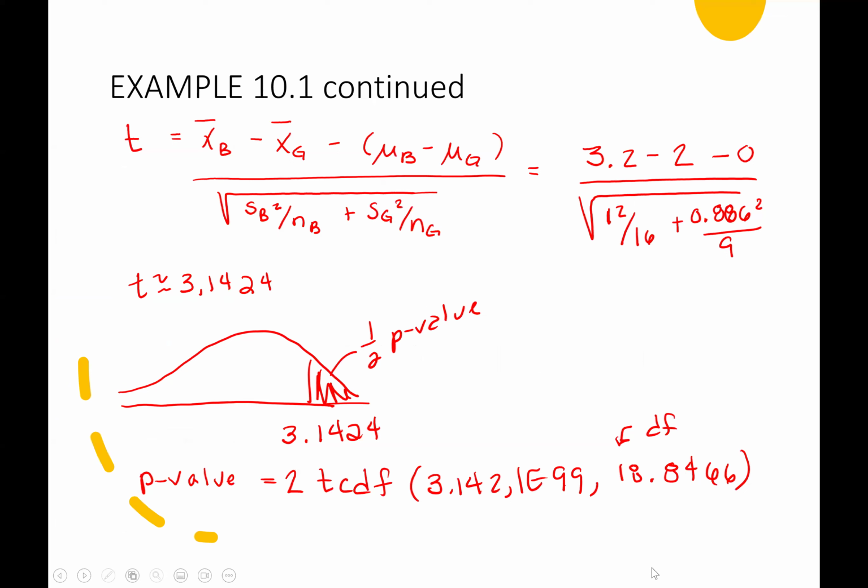Now we're going to compare that to the given value for alpha. Our p-value was 0.0054. Is that correct? Okay, what was our stated alpha? 0.05? So what's your conclusion? You reject the null hypothesis.